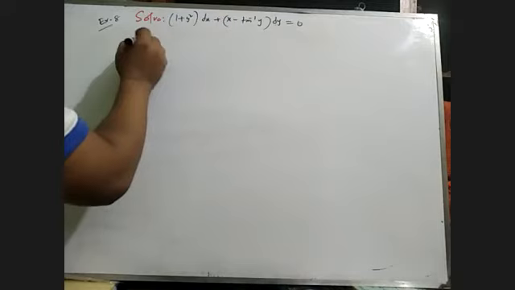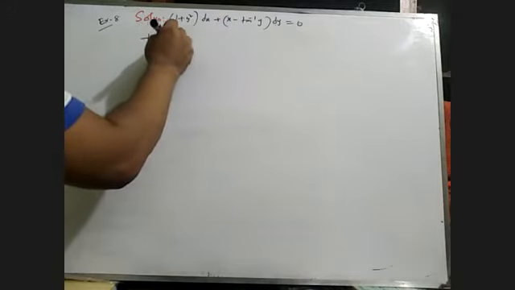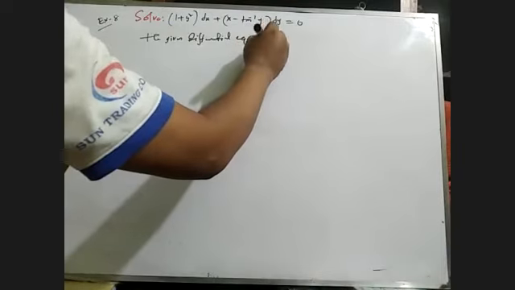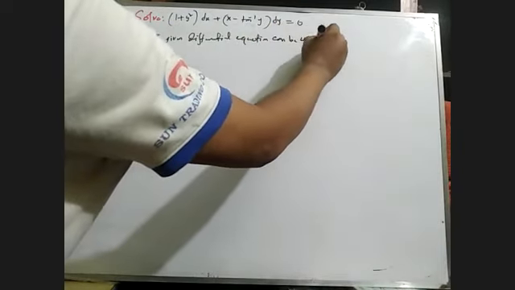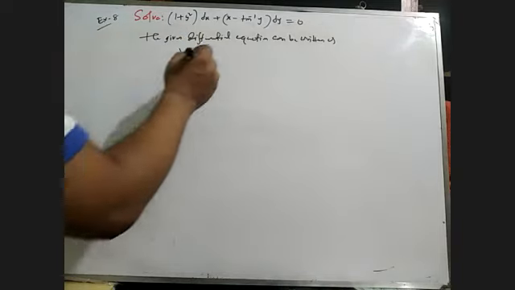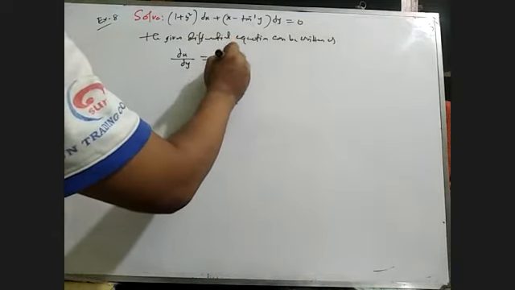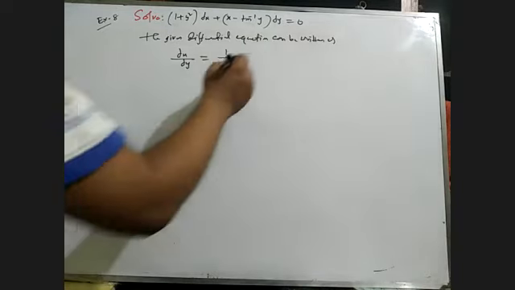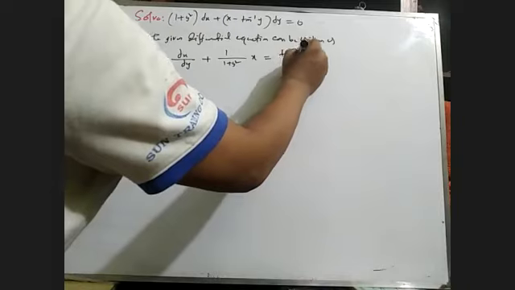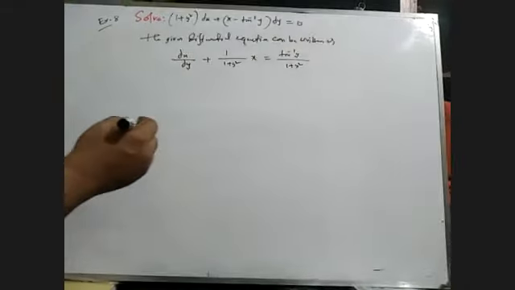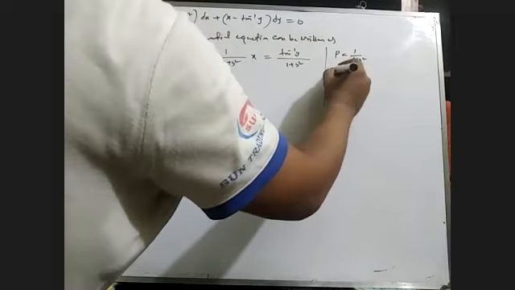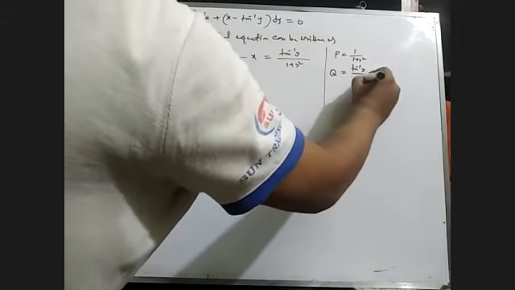This given differential equation can be written as dx/dy plus x by 1 plus y square equals tan inverse y by 1 plus y square, where p equals 1 by 1 plus y square and q equals tan inverse y by 1 plus y square.